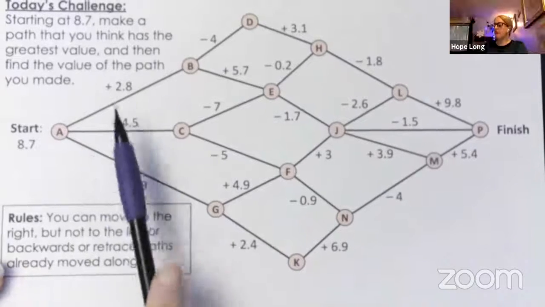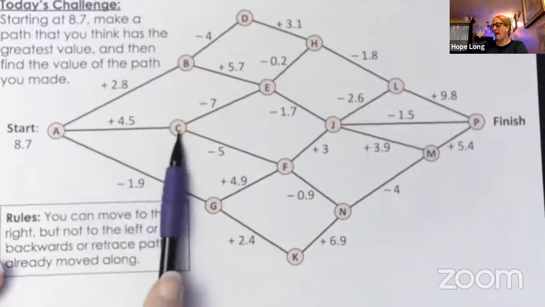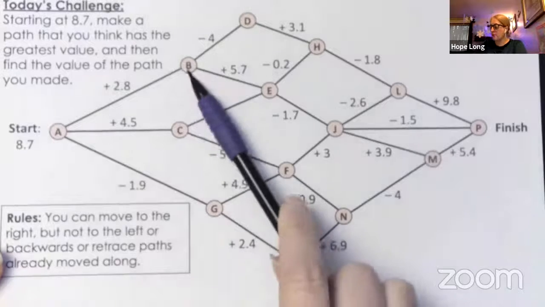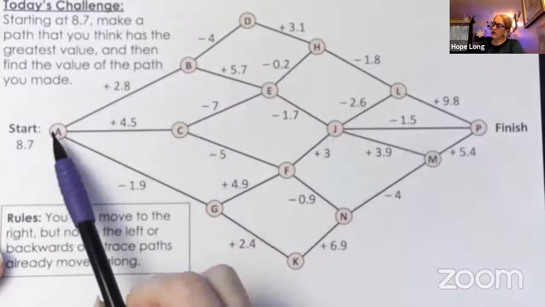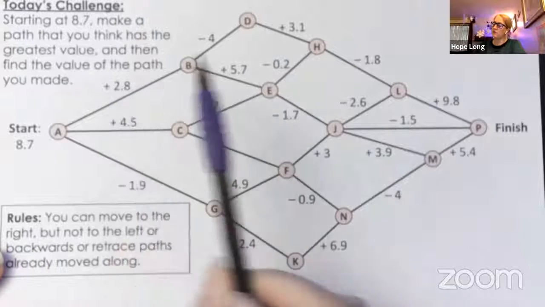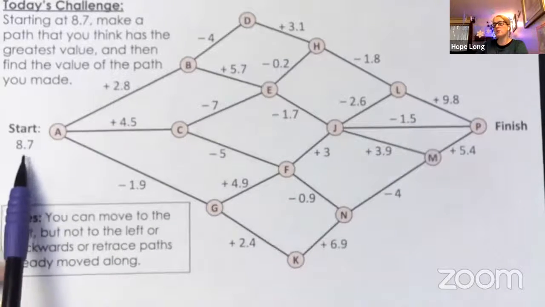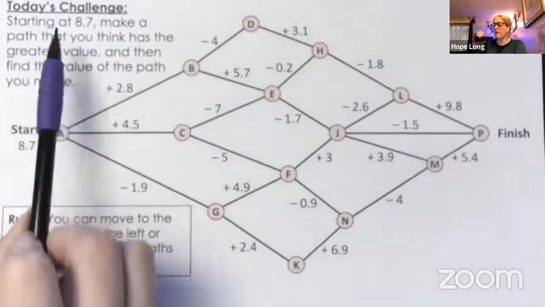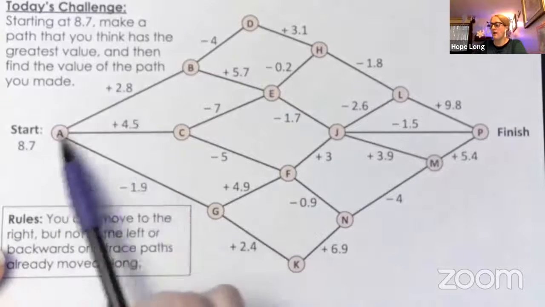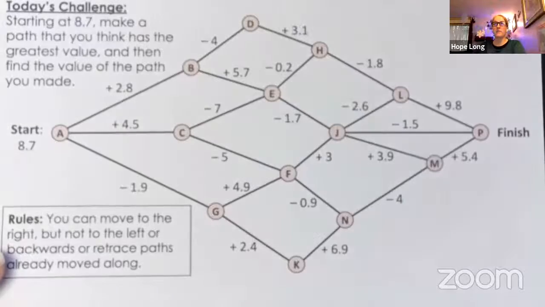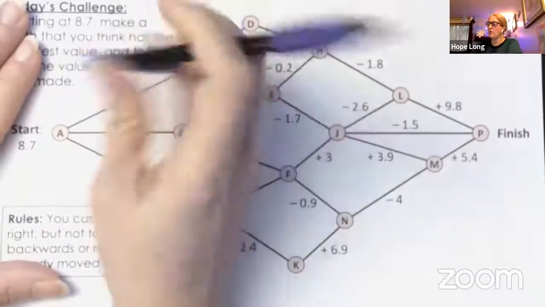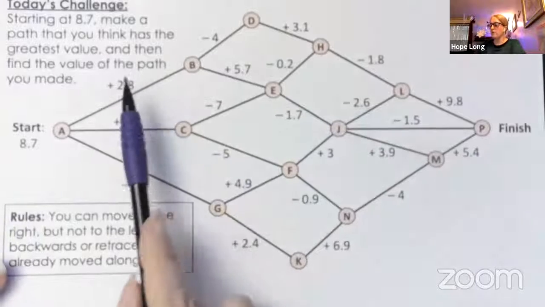So say you went from A to B. If you choose to travel from A to B and go that way, that has a value of 2.8. So you're going to take your starting value of 8 7/10, and you're going to adjust it every time you go down a path. So the plus or minus is telling you what the value of that path is worth.